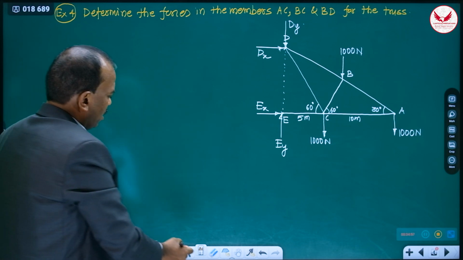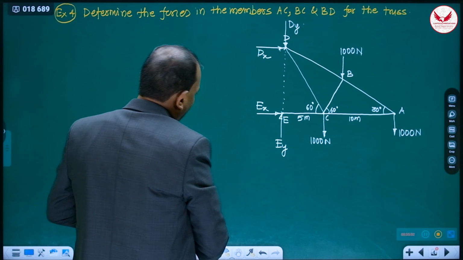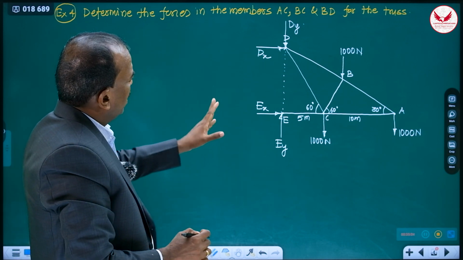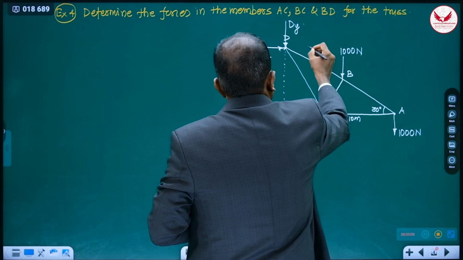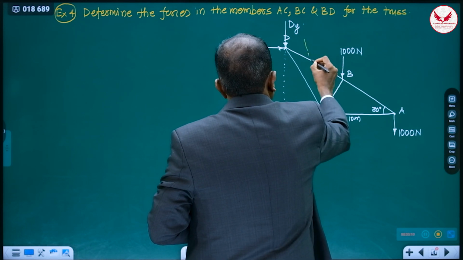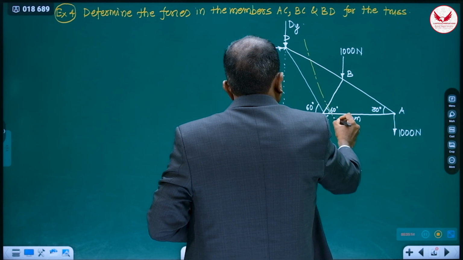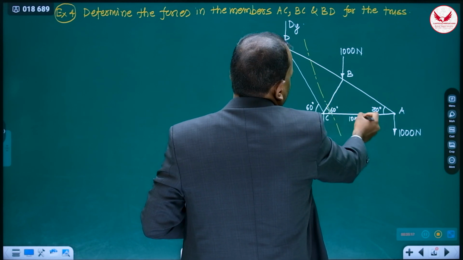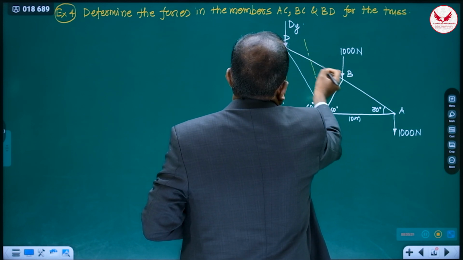Then after that what do we have to do? We have to take the section in such a way that it cuts only 3 members, and our required members are like that only. So it should cut like this. See, these 3 members are being cut: AC, BC and BD.